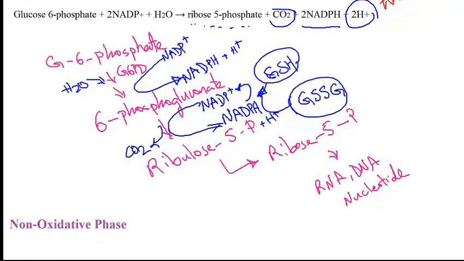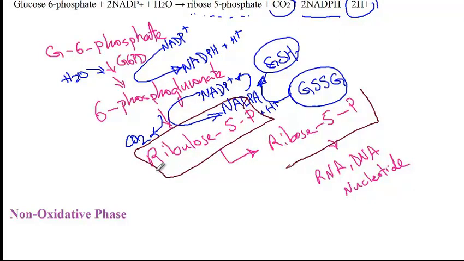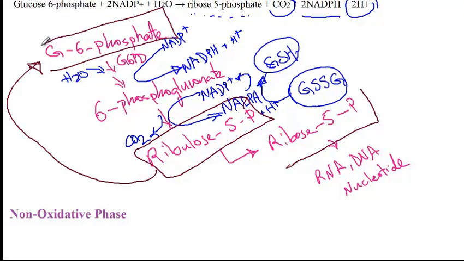Now, we also have a non-oxidative reaction which converts the pentose phosphate back into the hexose phosphate. So the ribulose 5-phosphate will be converted back into glucose 6-phosphate. And so this provides a mechanism in order to regenerate the initial molecule if too much product has been produced here.